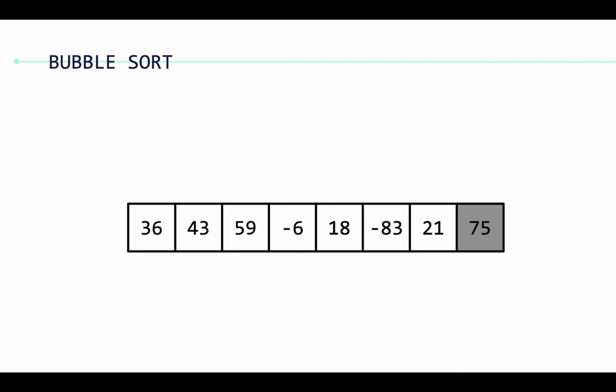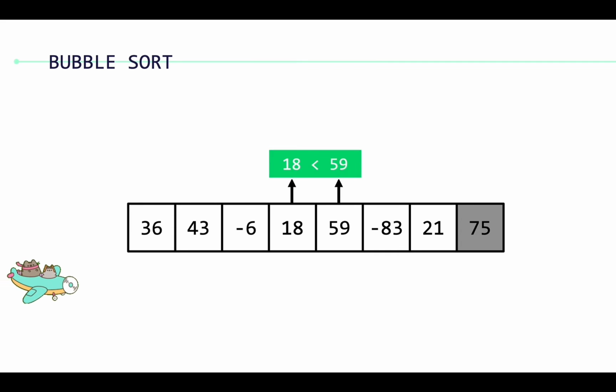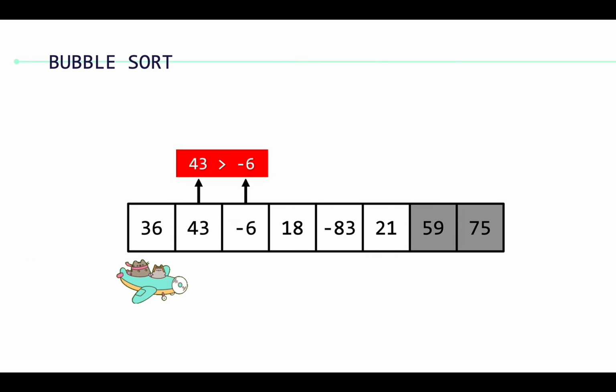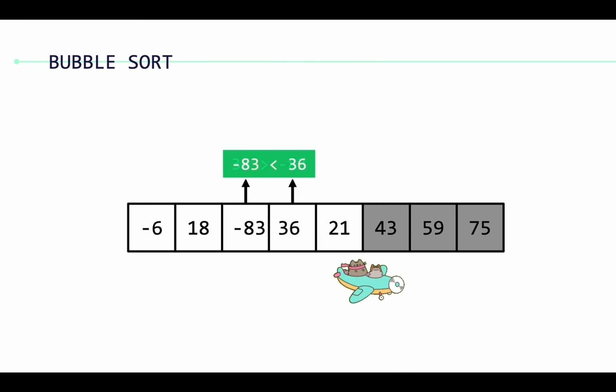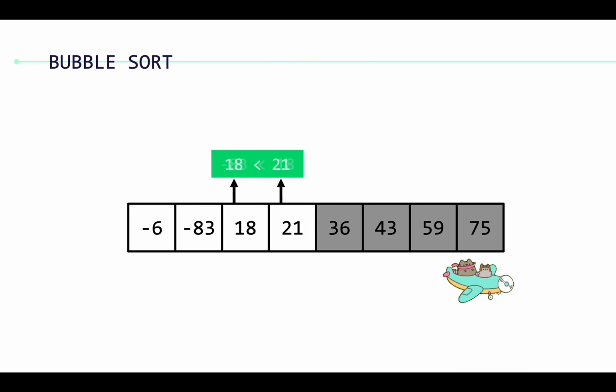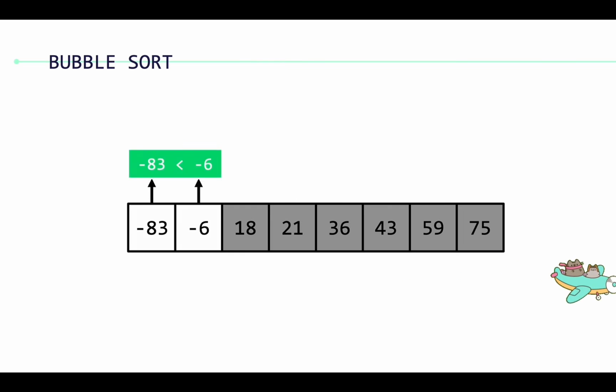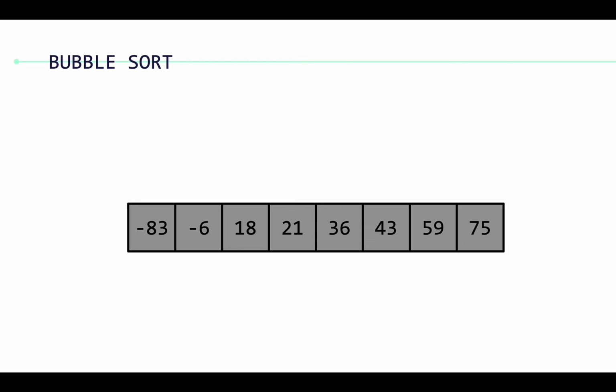And in the following slide, we will introduce the step-by-step demonstration at a faster pace, so pay attention. Okay, so the array has already been sorted, so let's move to another.